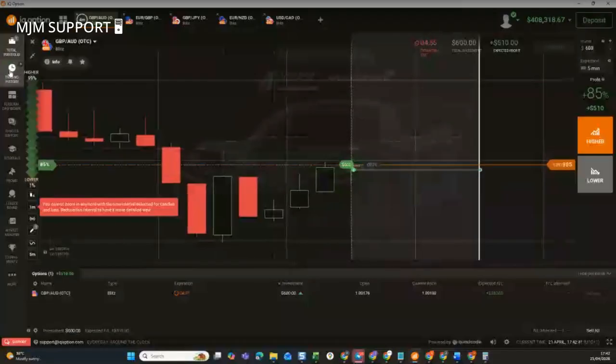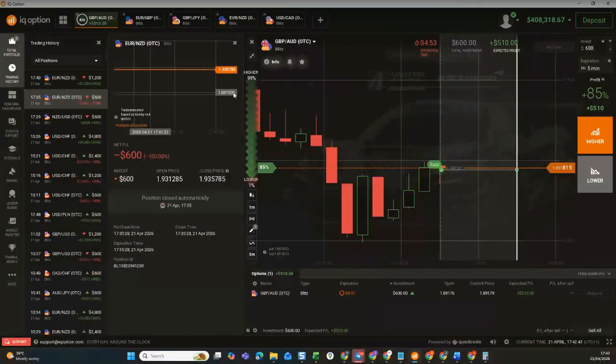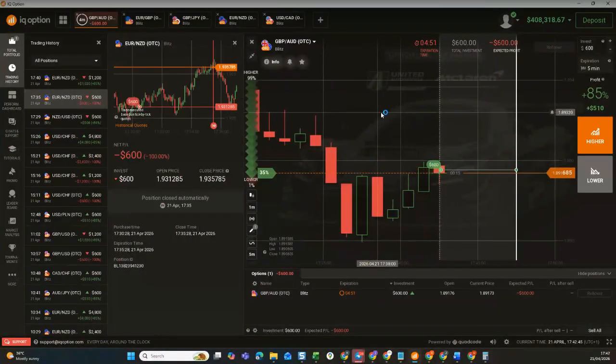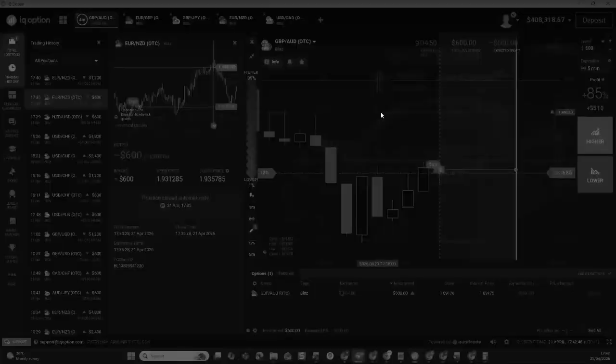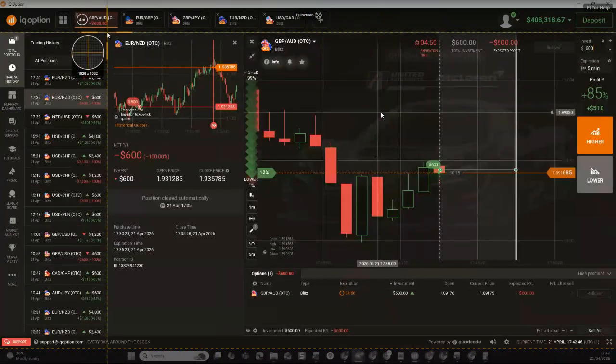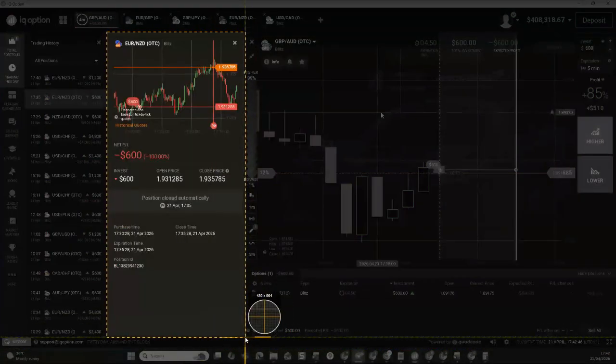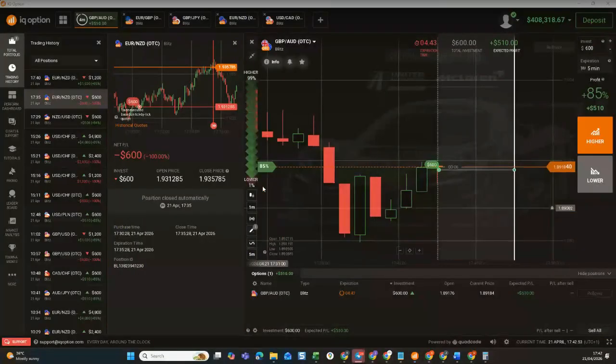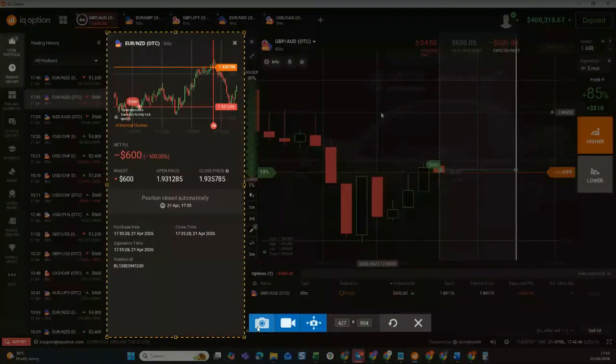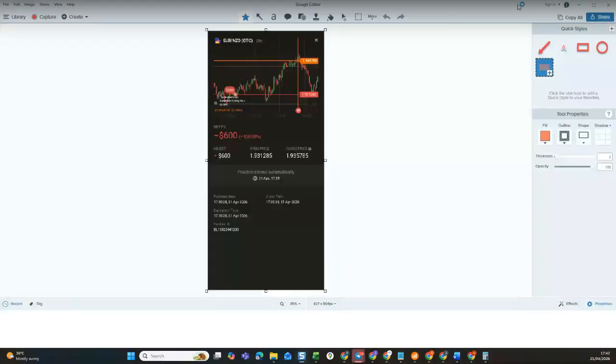In the meantime, I'm going to do a screenshot of my previous profits made and the current signal we are on right now, which is the third signal on the live session. So one down.